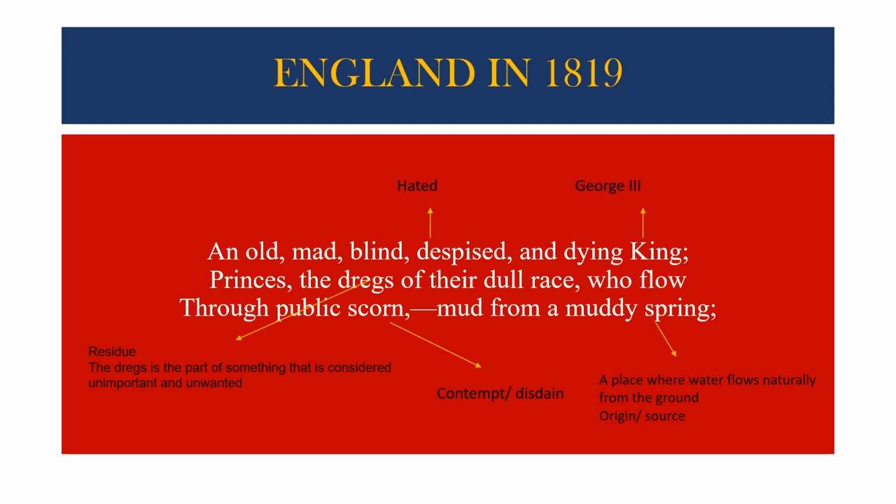There is a contempt or disdain for them, because even the princes were not behaving as they should be. It was not only the king who was hated, but also the princes. Why?